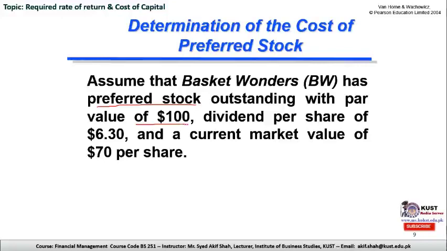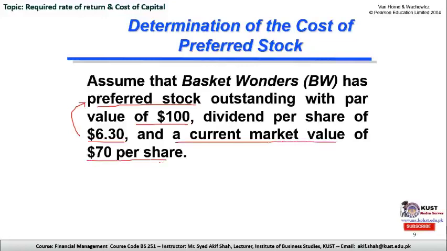Its face value per share is $100. The dividend per share of $6.3 has been paid out on this preferred stock at the completion of the first year, and the current market value of this preferred share is $70 per share in the market.